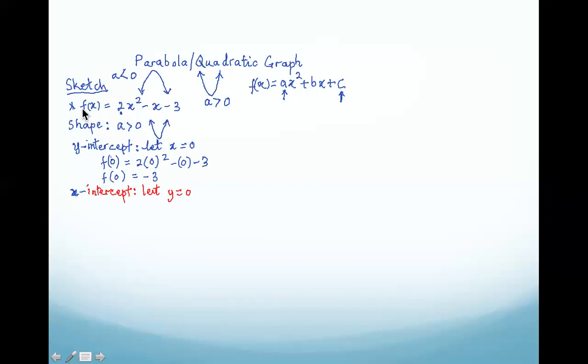So obviously we have this to be equal to 0. But let's write it like this so that everybody will understand. So 2x squared minus x minus 3 is equal to 0. Now, y is supposed to be here, but we have to put 0.